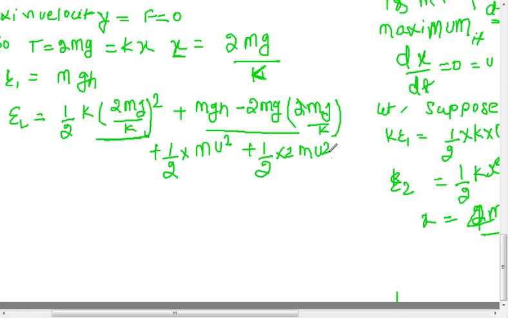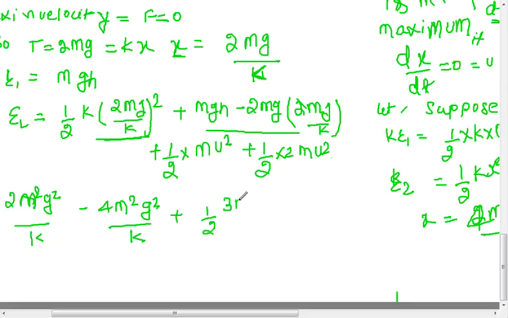Okay, so now if these two quantities are equal, what we get here is half into 2 m square g square by k minus 4 m square g square by k plus 1 by 2 into 3m v square, and this is equal to 0.